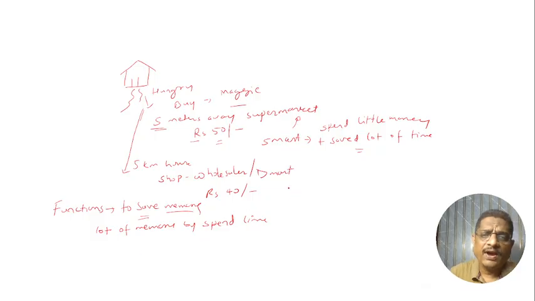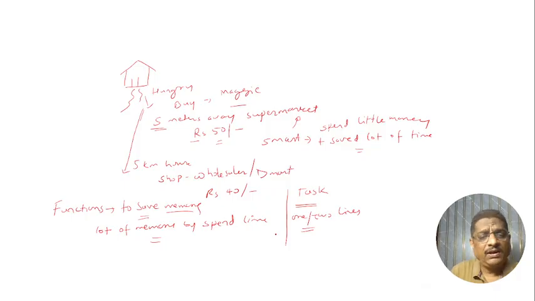Now if you have a task in your hand that is only 1 or 2 lines of code, and you write a function for it, hardly are you saving memory.